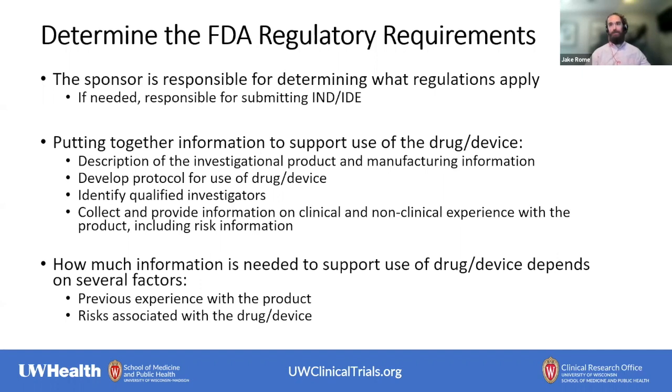Obviously, if it's a new chemical entity, an investigational drug, there's going to be a lot more background information that you'll need to provide to the FDA. But if you're using an investigational device that's non-significant risk, you're still going to need to put that information together to submit to the IRB, so that the IRB is able to agree with your assessment, as the sponsor, that it does in fact meet the non-significant risk requirements.